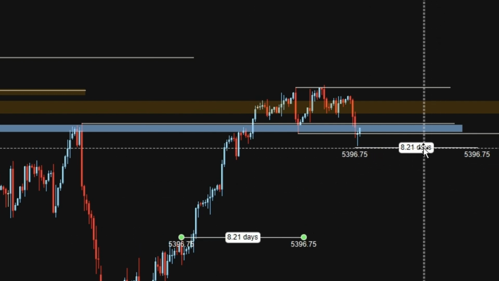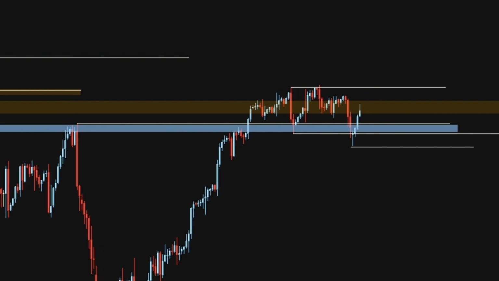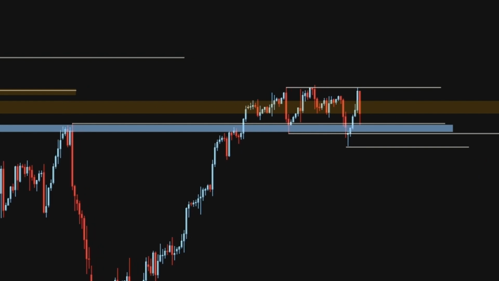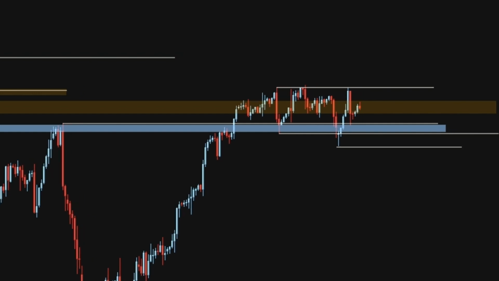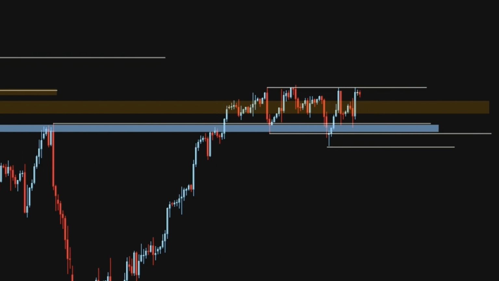There's no displacement, so we shall see. Move high. Now it's sort of consolidating in this area, right? It's a consolidation.